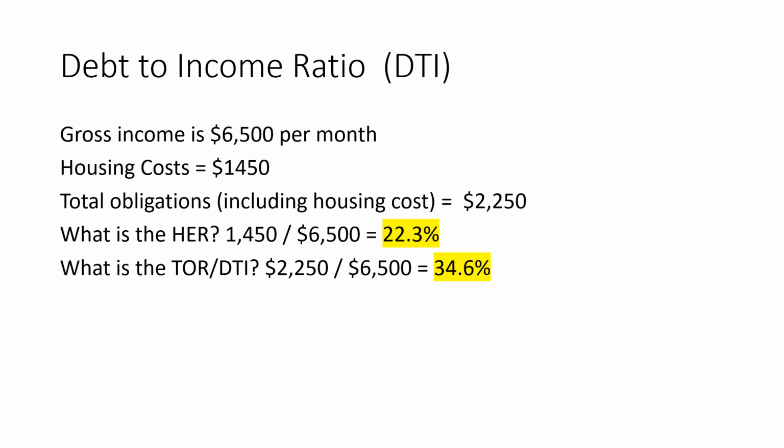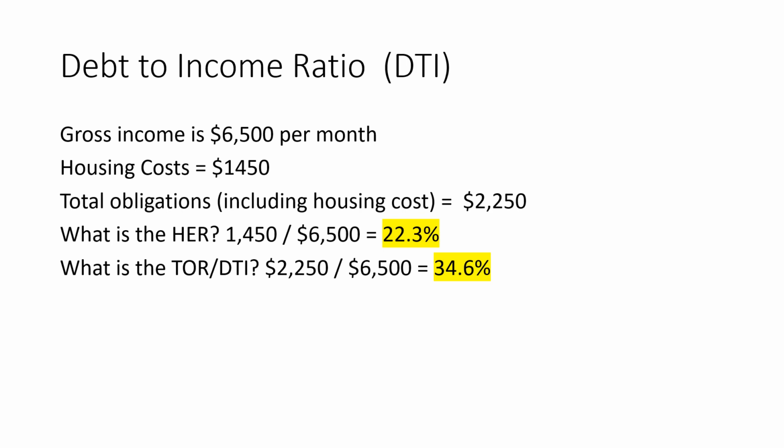What's your DTI? That means what's your debt to income ratio? Well, we take the gross income, which in this case is $6,500. The total housing cost, and we're talking about PITI, is $1,450. Now the total obligations, and that includes that house payment, is $2,250. They want to know what the housing expense ratio is.